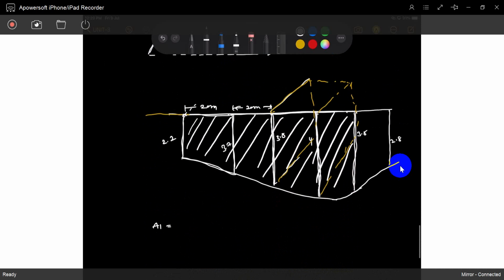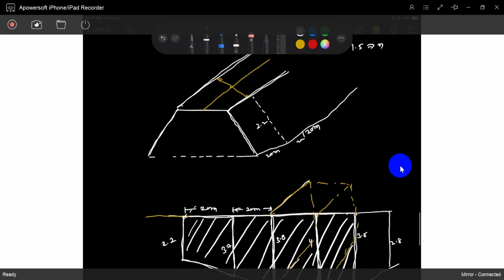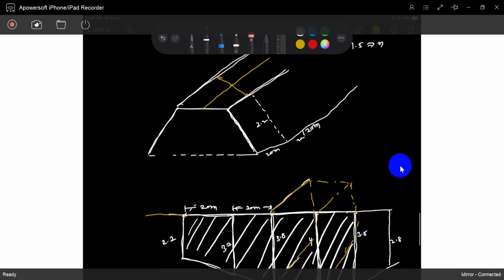What is the cross section? This is the cross section, not exactly rectangular, I just give an idea.